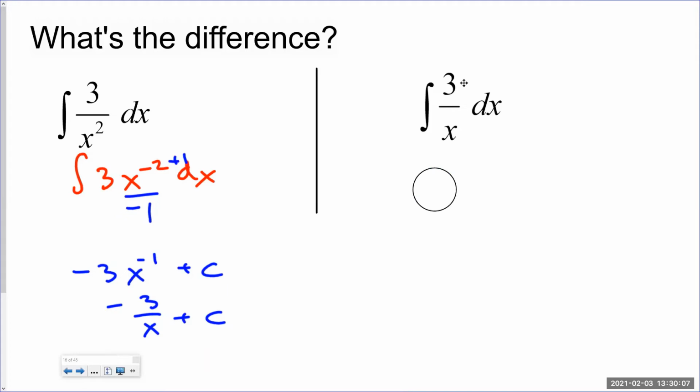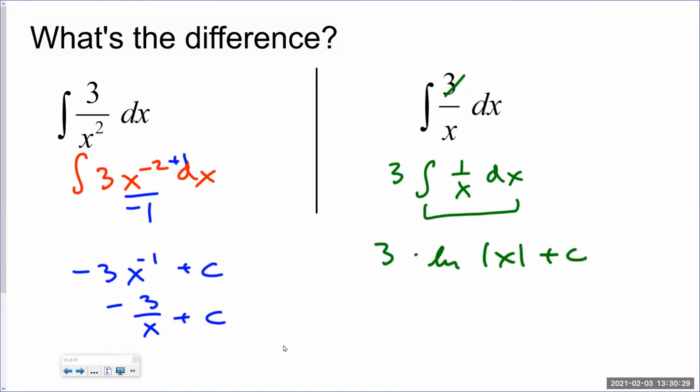If I take out the 3, this becomes a lot more clear, right? You look at this and you say, is this an easy antiderivative or is it something on my formula sheet? This actually is on my formula sheet, but in terms of u's and not x's. So this is 3 times the ln of x plus c.